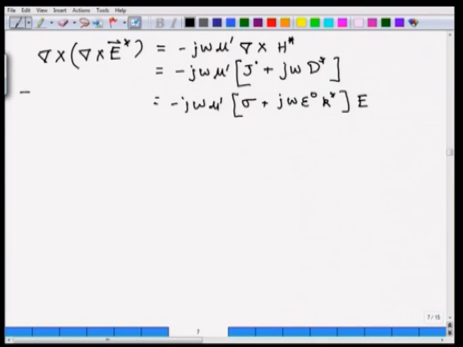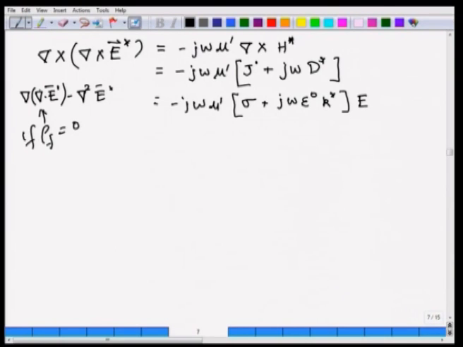In free space, if sigma is zero, then this quantity is 0.